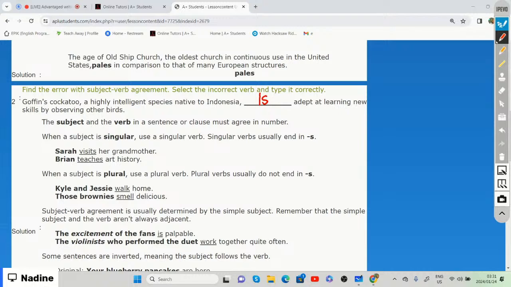Is adept at learning new skills by observing other birds. All right, so is our verb.